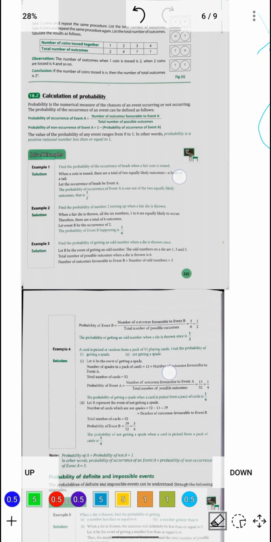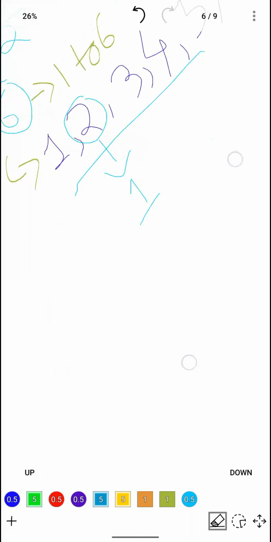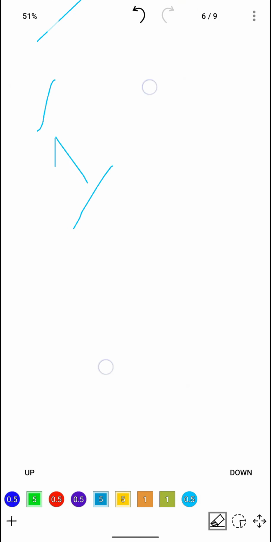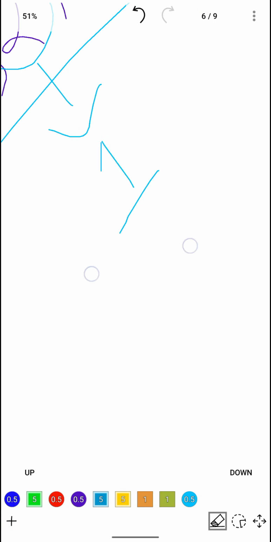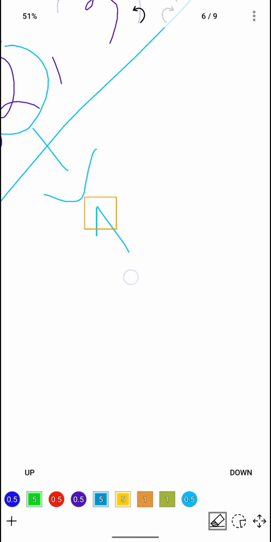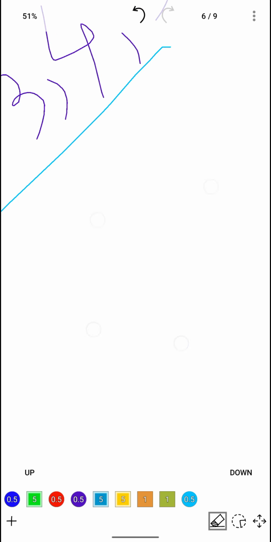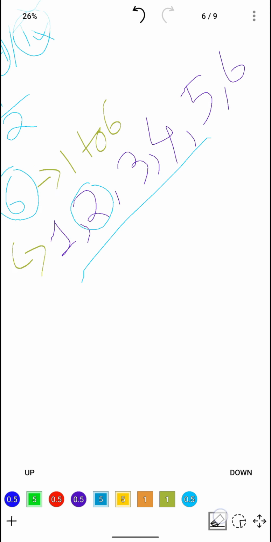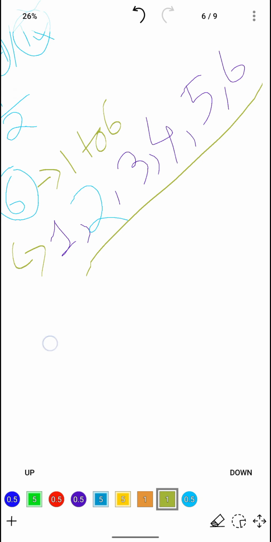Let me erase it. In order to understand the solution of example number 3, you need a little bit more explanation of this. As you can see, there are total 6 numbers.